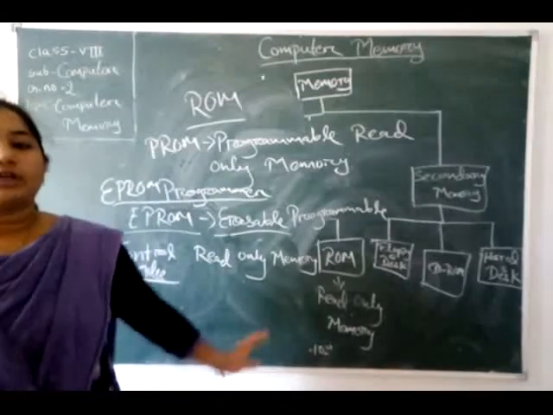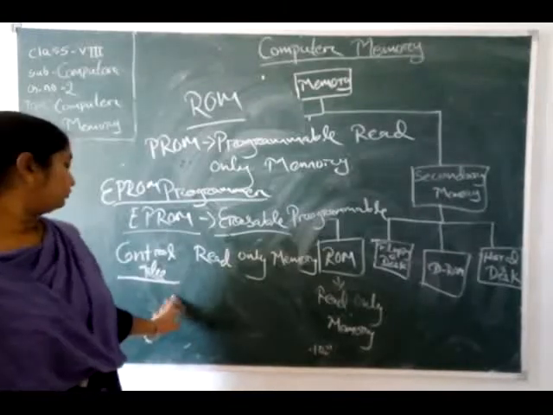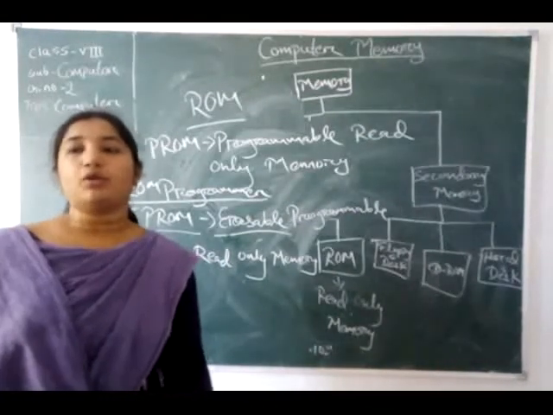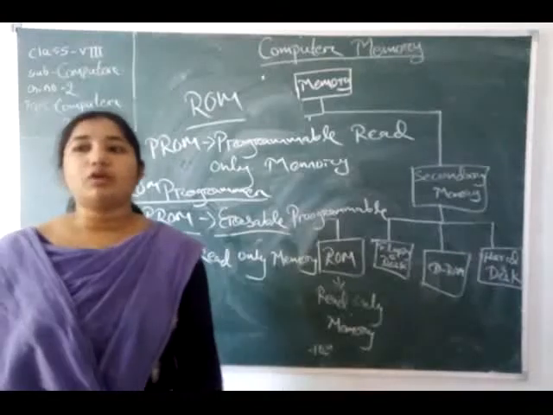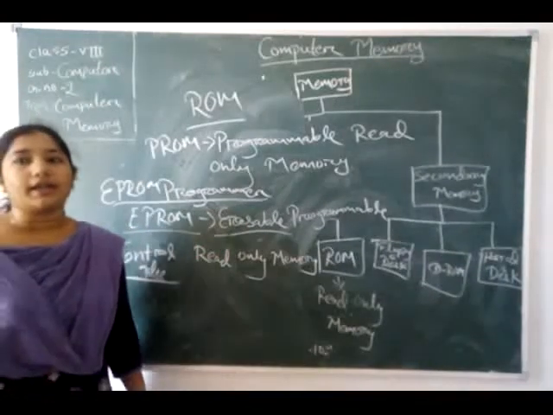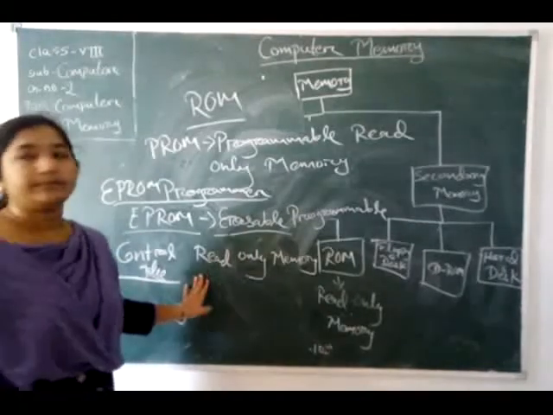After that, blank EPROM chips have a value of 1. Each cell has all the gates open completely. Means it has to be open completely.